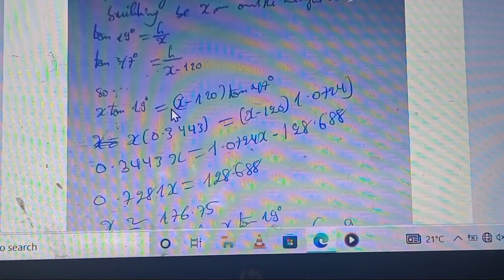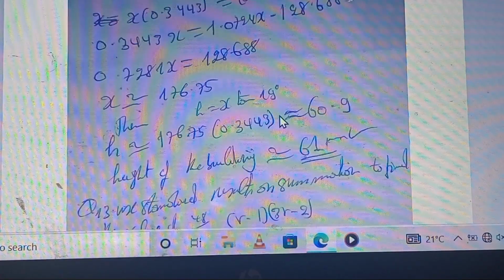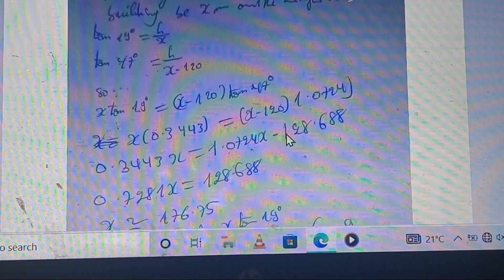After you replace the value of h, you put them equal, because we have h in both. You find h, then substitute, make the multiplication, and you get x equal to 176.75. Then after you get that x, you substitute it and you get 61 as the solution.